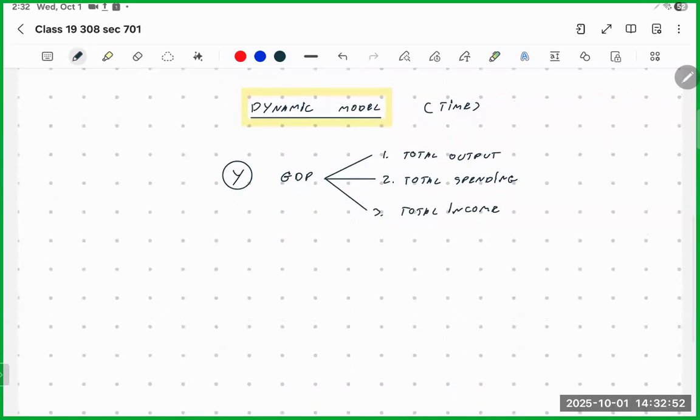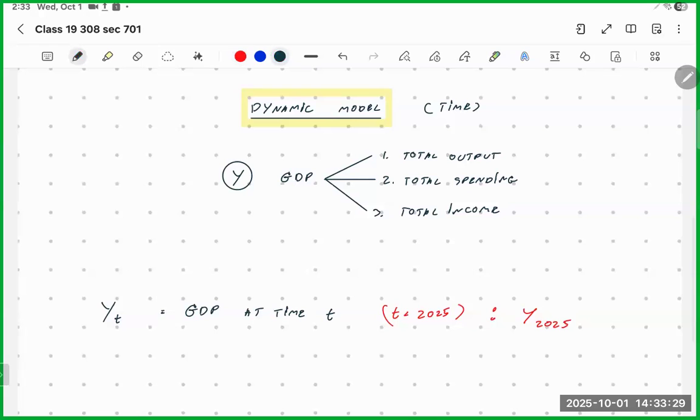We have three main meanings. So for example, we have variable Y. In this chapter, we focus on the dynamic model, so we have time. Variable Y in this chapter is going to have a small t. Y_t stands for GDP at time t. For example, if I assume that t is this year, 2025, then Y_t is Y 2025, the GDP for this year.